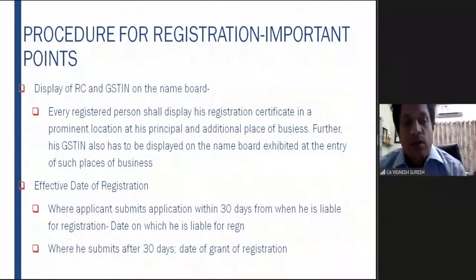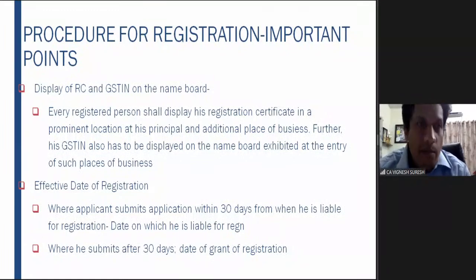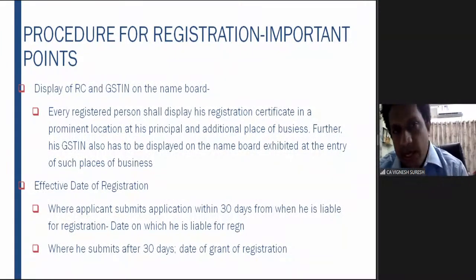A few other rules: display of registration and GST number on the name board. On the name board, the respective GST number and the registration certificate have to be mentioned at a prominent location. In both the principal place of business and the additional place of business, he has to display the registration certificate.